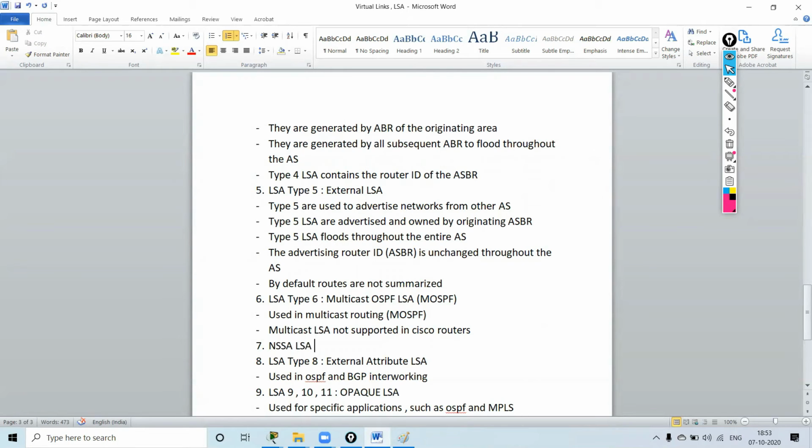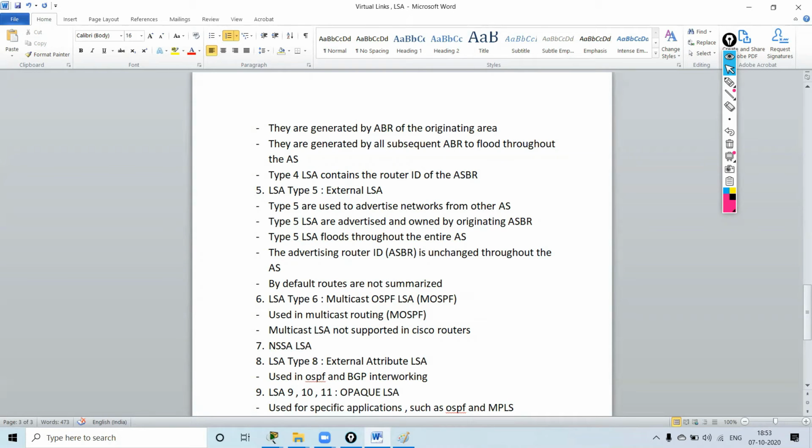Okay, not so stubby area. So NSSA LSA is something that advertises routes in another routing domain, generated by an ASBR within a not so stubby area. So what is a not so stubby area? I will explain to you. Then we have LSA type 8, external attribute LSA, used in OSPF and BGP interworking.